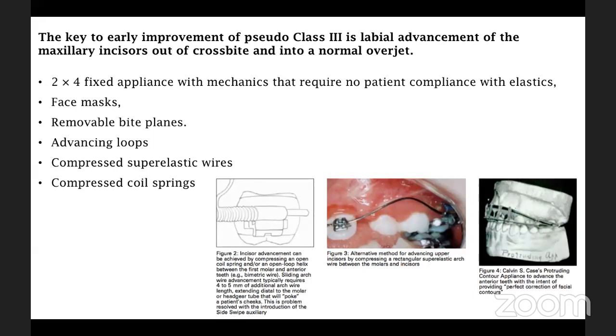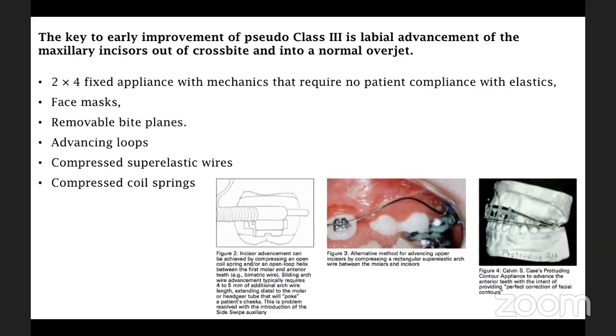Imagine a bite in which the lower incisors are ahead of the upper incisors, and it does not let the upper incisors go forward. During a growing phase, it acts as an inhibitor to the maxillary advancement itself. That is exactly why a pseudo class 3, if left untreated in the very beginning, would develop into a full-blown class 3 later on.